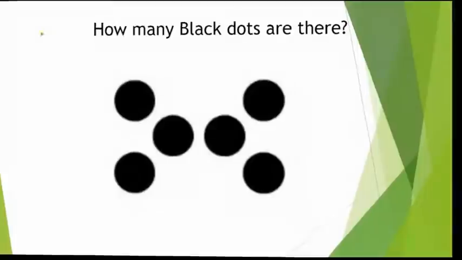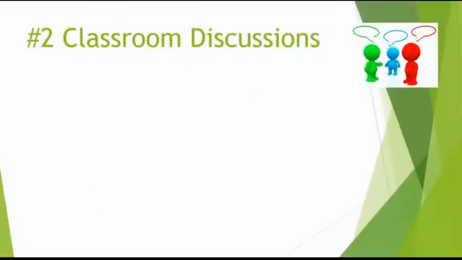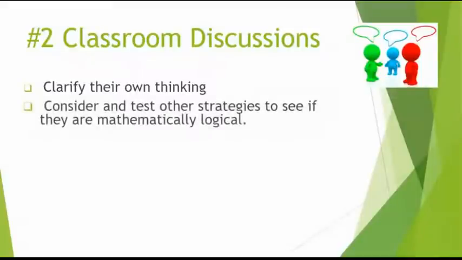The second piece that we talked about to create this Number Talks environment is classroom discussions. We need to make sure that students are clarifying their thinking and that we are asking clarifying questions as the facilitator. We don't put words in their mouth. We'll ask them to rephrase it. Other students can help chime in. But if you say, did you mean this?